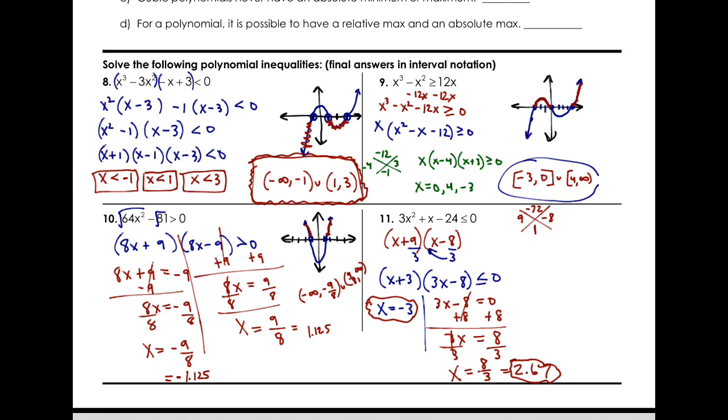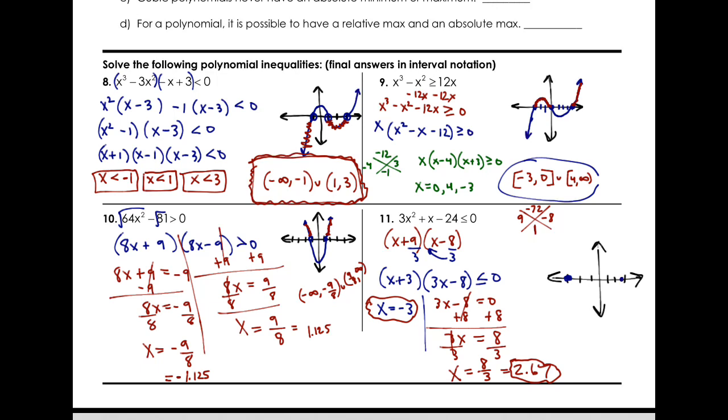So we're graphing 1, 2, 3, 1, 2, 3. We know we have a solid point at negative 3, and then a solid point at about 2.67, so it's just before 3, so right there.